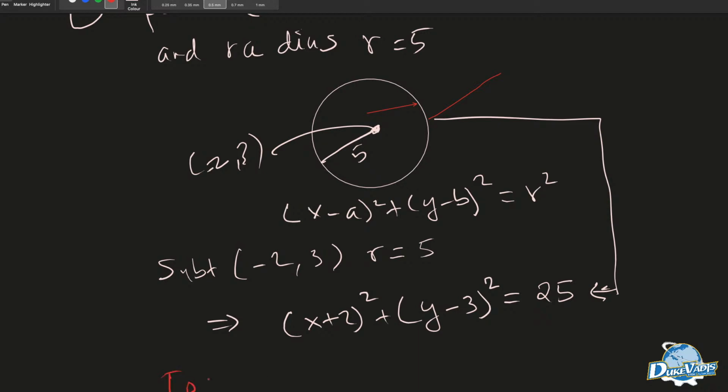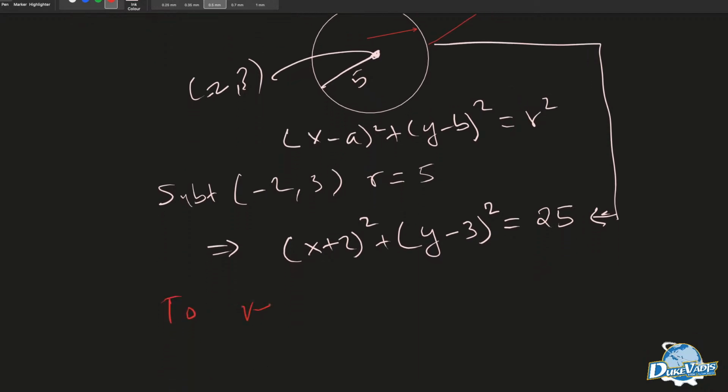To verify the point (1, 7), we need to substitute this into our equation.